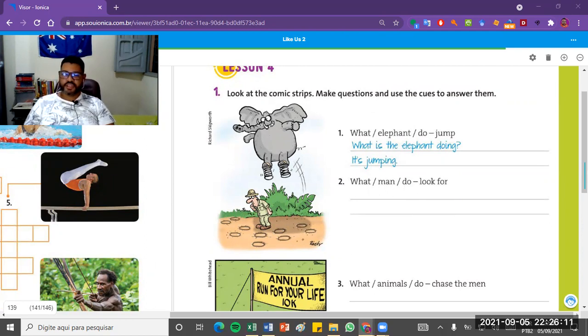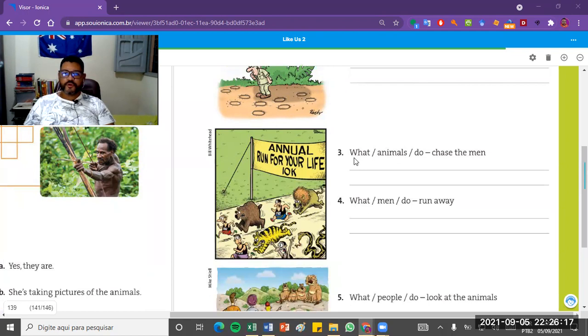He's looking for the elephant, all right? 3 will be, so we have animals, do, and chase the man. Ask the question, what are the animals doing? And answer, they're chasing the man, right?